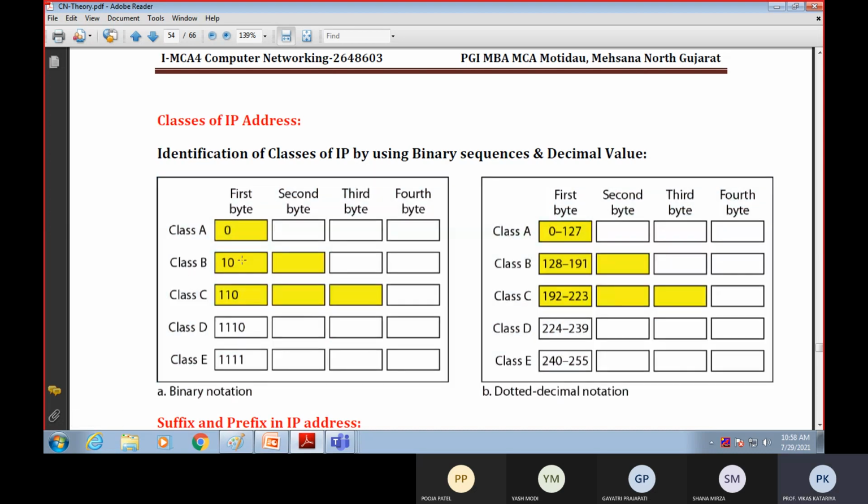If we are given a certain IP address in binary notation, we can identify which class it belongs to by looking at the first byte. In the same manner, if we are given an IP address in decimal notation, again we can find the class of the IP address by looking at the first byte.